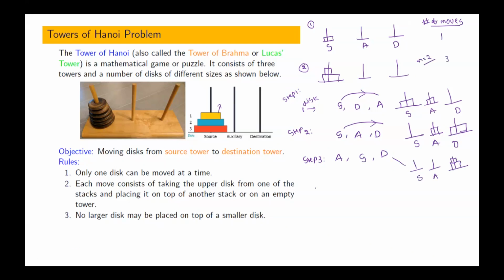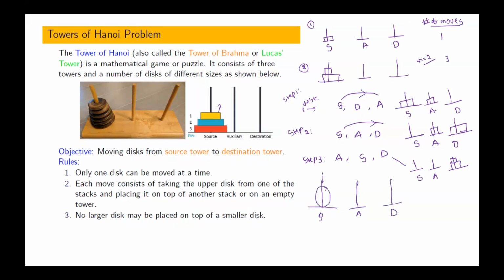In general, if we are given some n disks, how do we do this? Source has n disks, this is auxiliary, this is destination. The number of moves is 2 to the power of n minus 1.